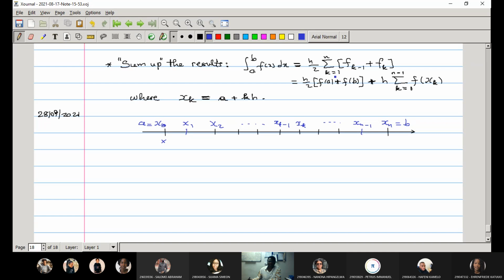And if k is equal to n, I'll have f sub n minus 1 and f sub n, so fn, that is this last point. Now you can see that the endpoints, that is x0 and xn, will not be evaluated twice. That is, you will not compute f sub 0 twice or f sub n twice.